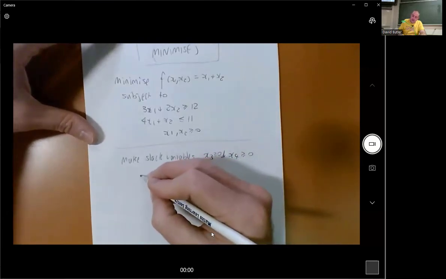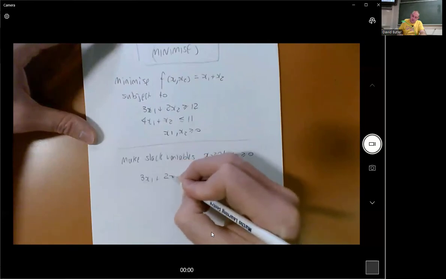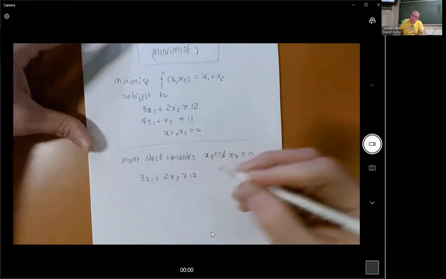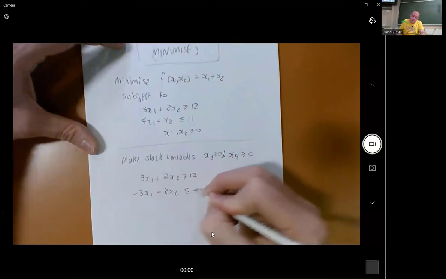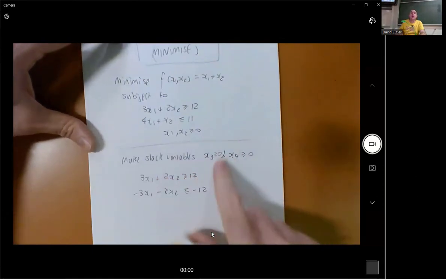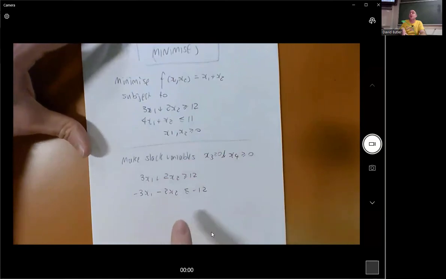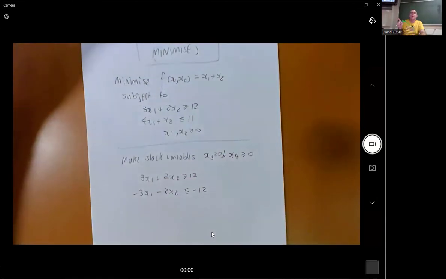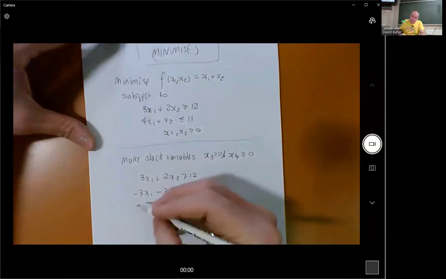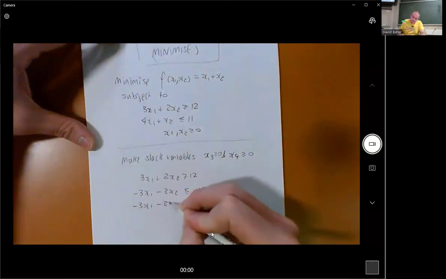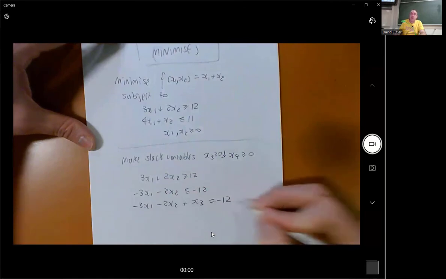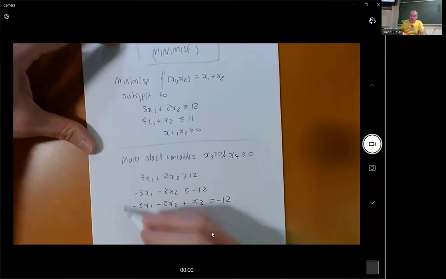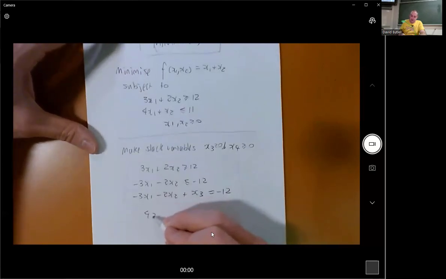And so we're going to have 3x1 plus 2x2 is greater than or equal to 12, and you'd normally transfer that into minus 3x1 minus 2x2 is less than or equal to minus 12, so that you can put the slack variables in and be positive. Plus slack variable is equal to minus 12. That's the first equation. And then the second one's already in the right format.